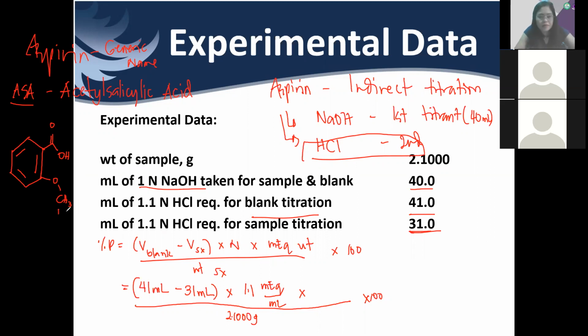Let me check. I forgot. Acetyl is two carbons, so this should have two carbons. There is a double bond here. And then this is not CH. This is CH3 here. 1, 2, 3, 4. Let me check. I have trust issues with my memory of acetyl salicylic acid.